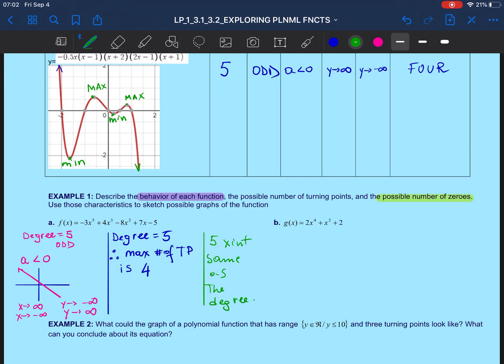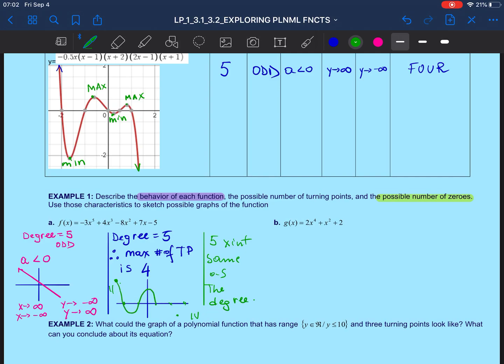And if you want to graph this function, the shape of it would look similar to this. This is just an idea. So it will extend from quadrant 2 to quadrant 4, with 5 x-intercepts: 1, 2, 3, 4, 5.